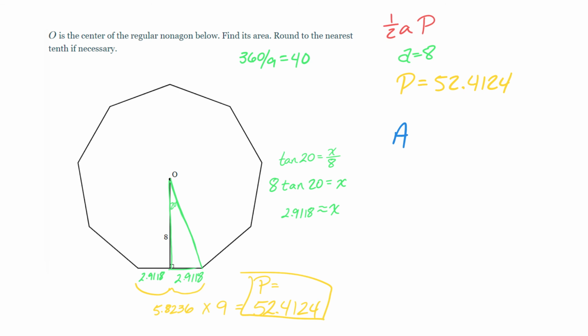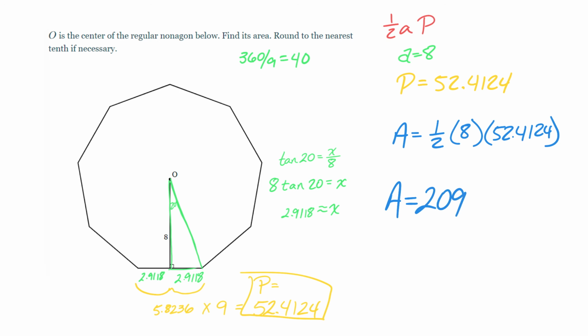Our area formula is half the apothem times the perimeter. So the area equals 209.6.